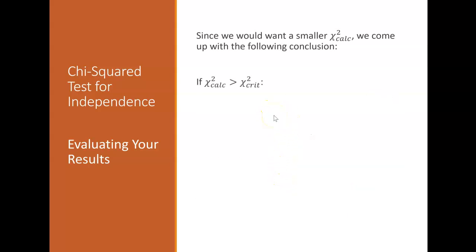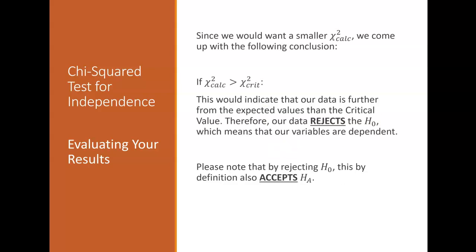Okay. So the reverse is true if the chi-squared calculated is bigger than the chi-squared critical. We would reject the null and accept the alternative, or fail to reject the alternative. So that's the obvious converse of the previous statement, right?